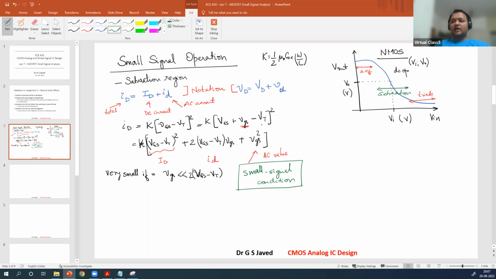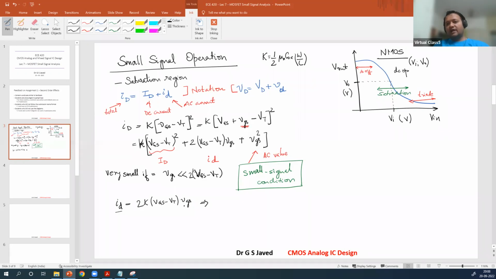Now, once you eliminate this, what is left over? Your id, look at my notation now. id is 2 times K times VGS minus VT times small vgs. Now, what does that give you?